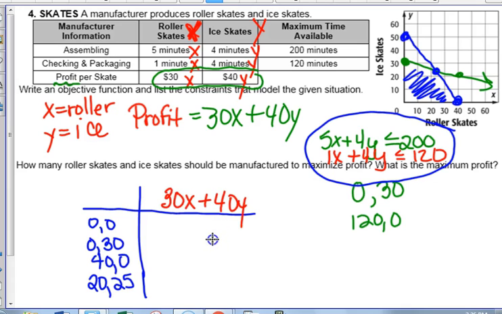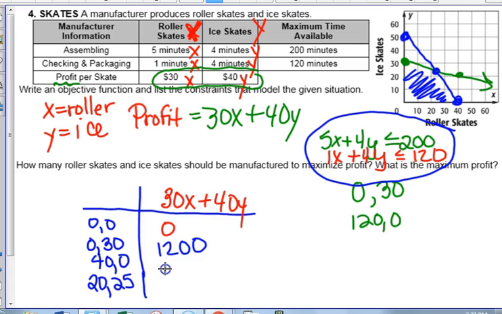Okay, profit. Emerald, what's the profit if we make nothing? You're a genius. Tanner, what if we make 0, 30? If we make 30 pairs of ice skates, 1200. Okay.